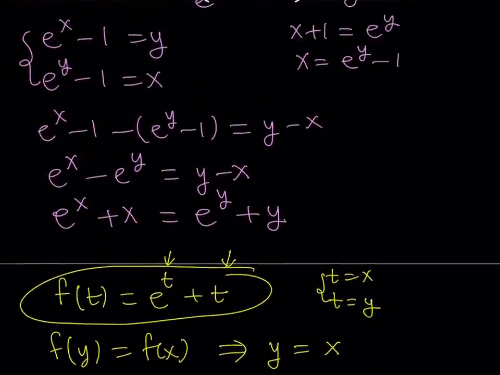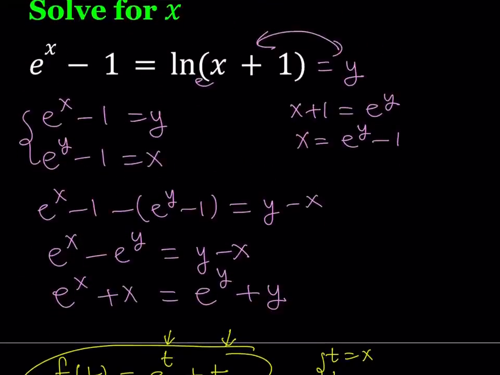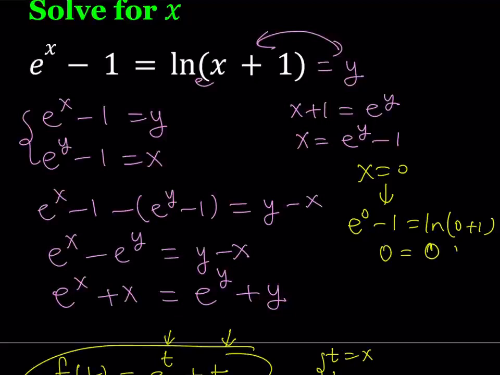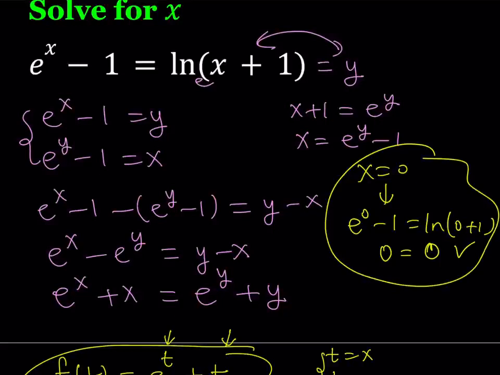Okay, let's take a look at the original problem, and it is e to the power x minus 1 equals ln x plus 1. So if you replace x with 0 here, you're going to notice that e to the power 0 minus 1 equals ln 0 plus 1 gives us 1 minus 1, which is 0, equals ln 1, which is 0. So we got a solution, but that is the only solution that works.